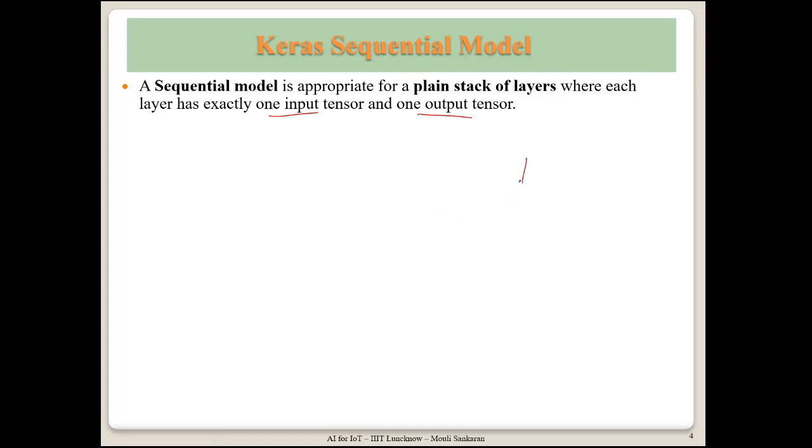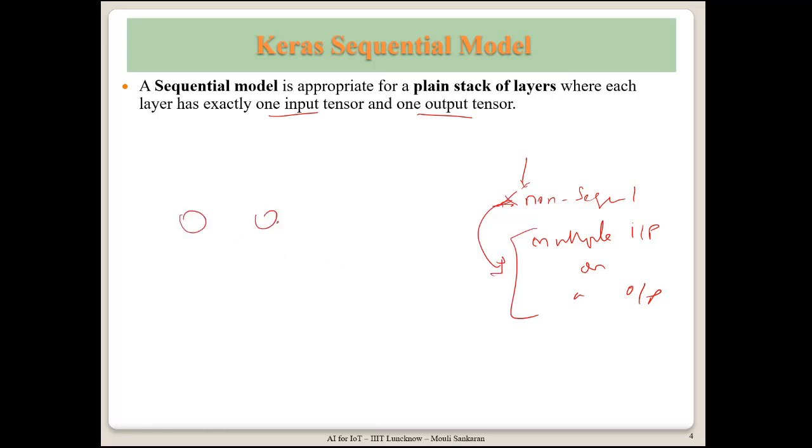They also say in the documentation that a non-sequential or functional Keras model is one which has either multiple input tensors or multiple output tensors. That means they are non-sequential, if one of them has multiple inputs or multiple outputs.